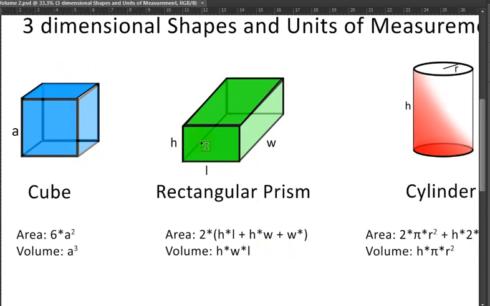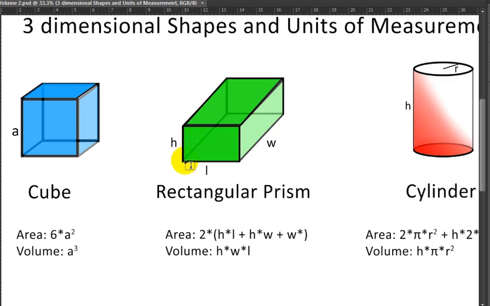In the case of the rectangular prism, you can see that it's kind of like a cube, but if we stretched it out in a way, kind of the same way that a rectangle resembles a square if it was stretched out, but only in 3 dimensions. So the rectangular prism can have different edges.